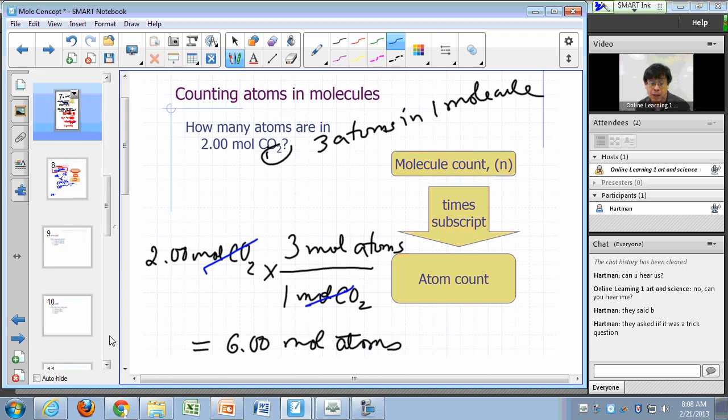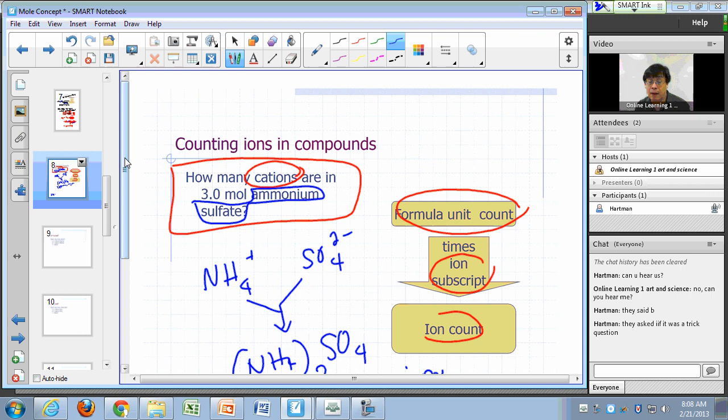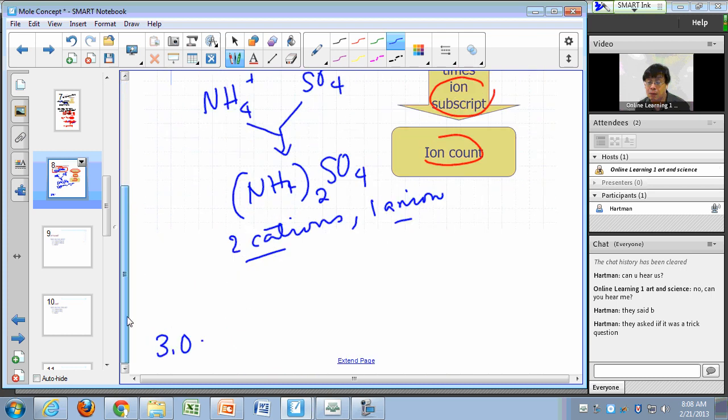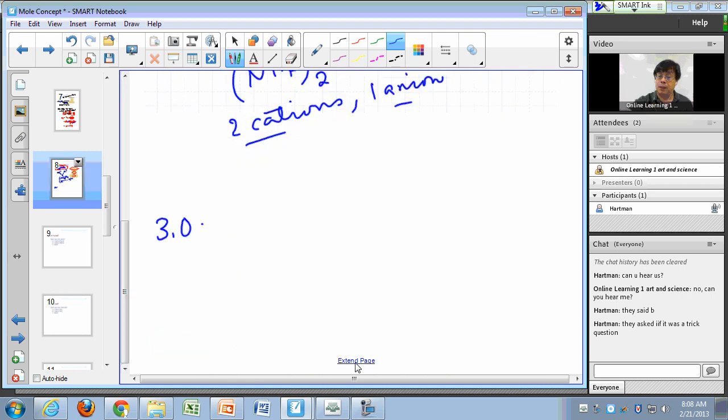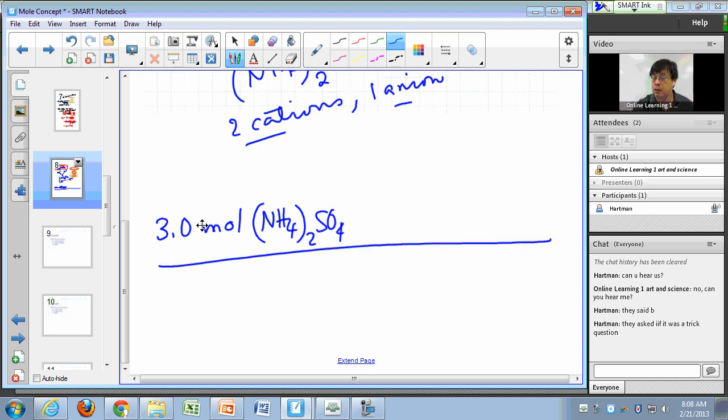Let's go back. So I have 3.0 moles of ammonium sulfate times 2 moles of cations, and my cations happen to be ammonium, in 1 mole of ammonium sulfate.